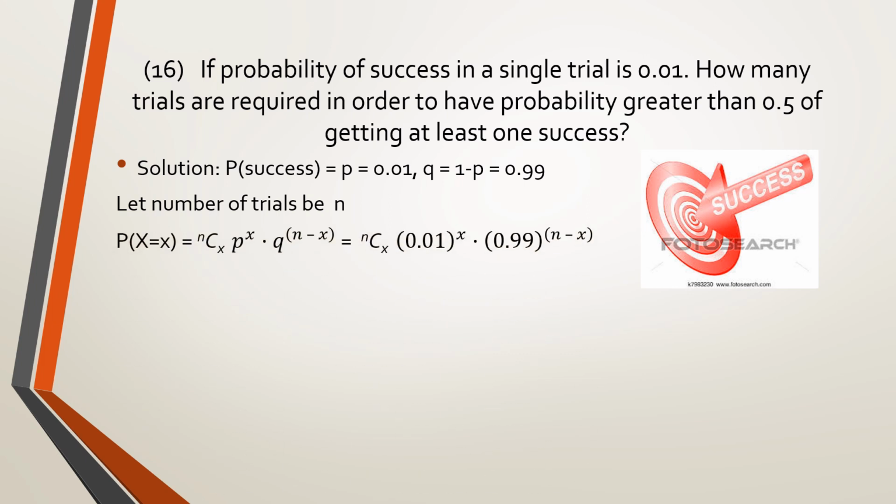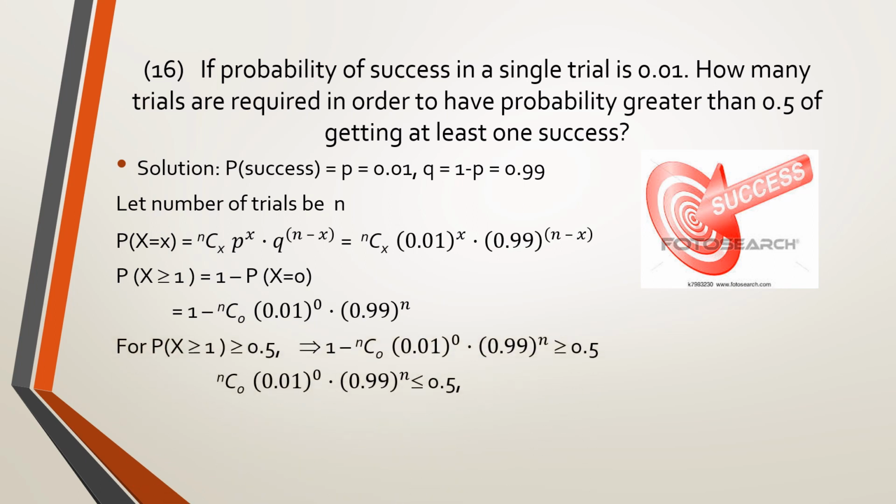Now we are given that the probability of getting X successes, with X greater than or equal to 1, has to be greater than 0.5. So on substitution of the values of X, P and Q, we get 1 minus NC0, 0.01 raised to 0, 0.99 raised to N. This quantity has to be greater than 0.5.